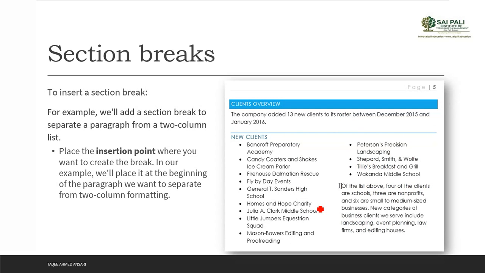Now if I want to use a section break, here in the document I have divided this whole page into 2 columns, that means here is the first column and this is the second column. So the text goes like this, in a list.